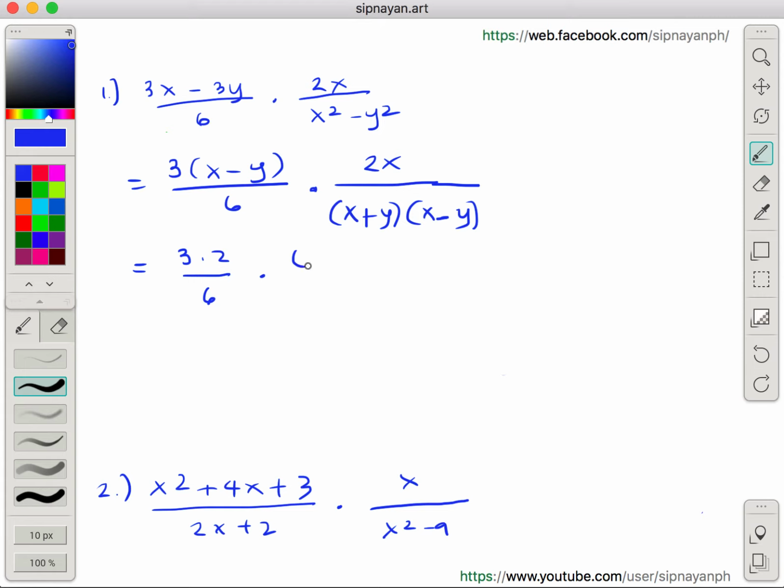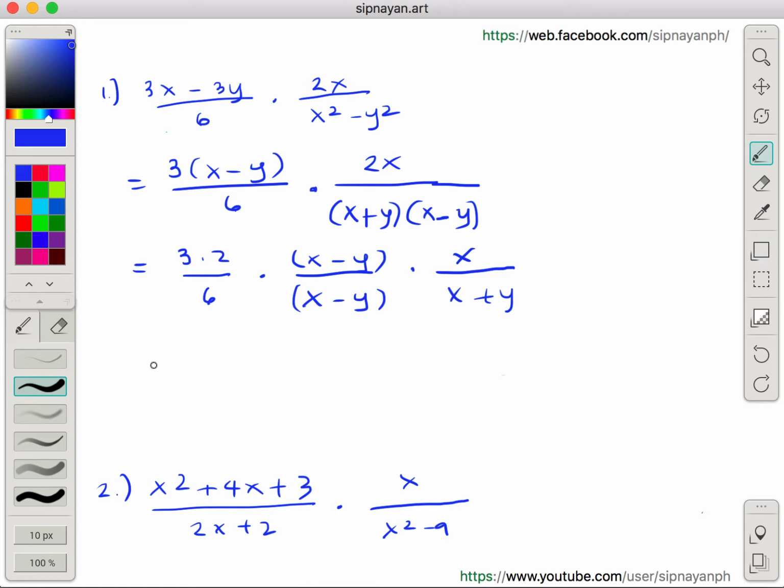Next, we have x minus y. Ano kayang magandang ipare sa kanya? Siyempre, yung x minus y din dito sa baba, para pwede tayo mag-divide. And then, meron na tayong 3, meron na tayong 2. Ito ang dalawa. Tapos, meron na tayong x minus y dito. Ano na natitira? Ito, x sa numerator. Sa ibaba, meron na tayong 6, meron na tayong x minus y. So, ang natitira na lang ay x plus y. Okay?